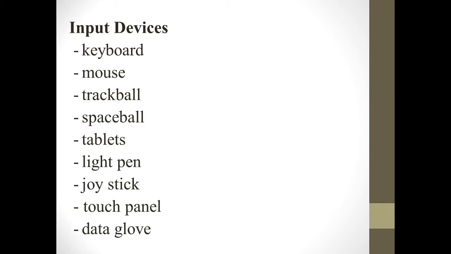At the early stage, old versions of all these devices were available. But as the drawbacks were removed from the old devices, advanced input devices were created, and those advanced input devices are available in the market. These devices will give you extra functionality over the old version.